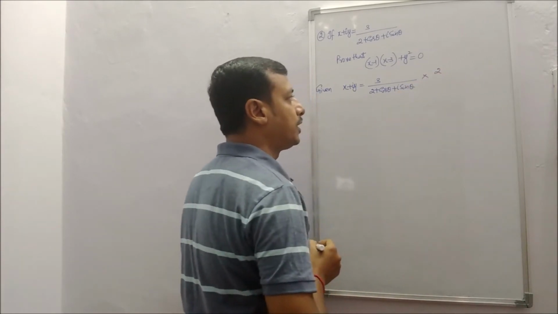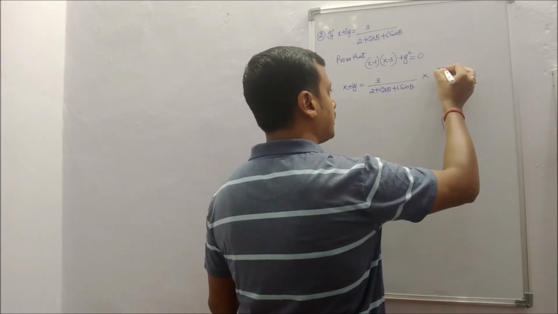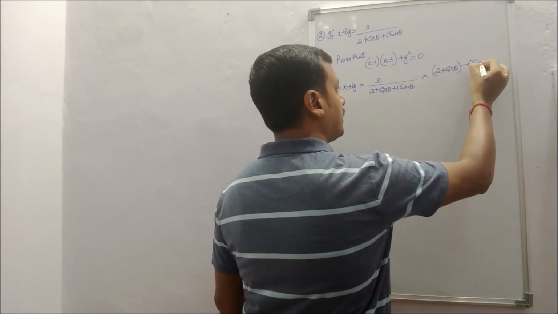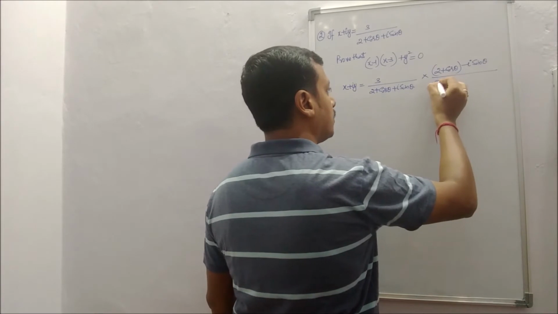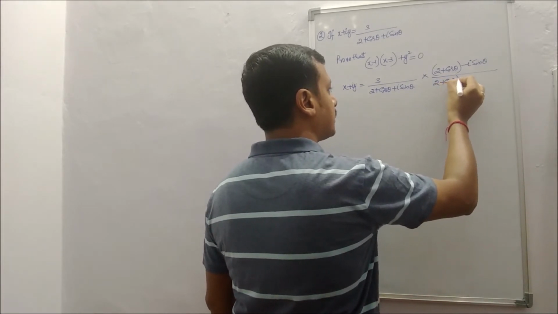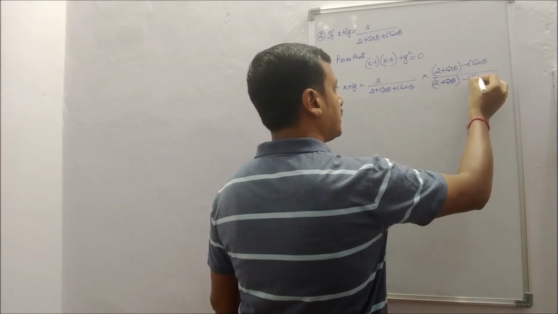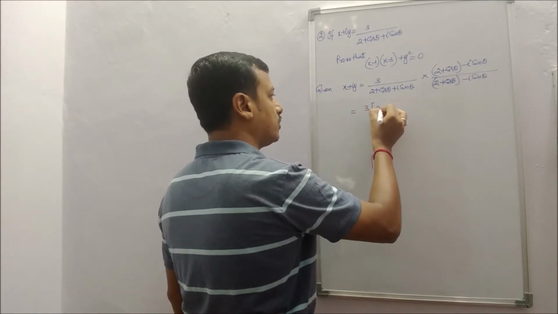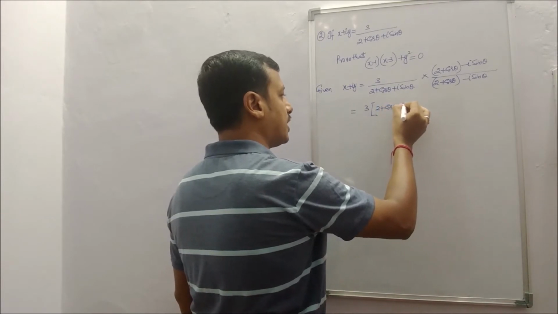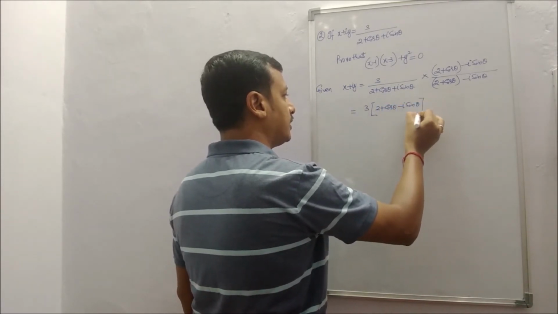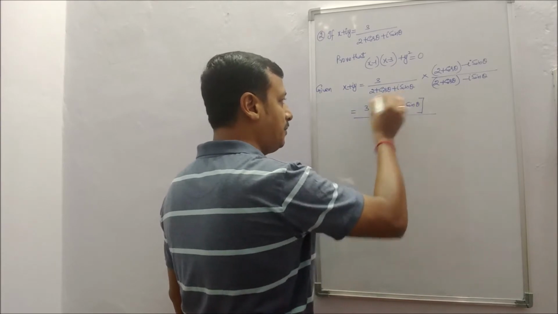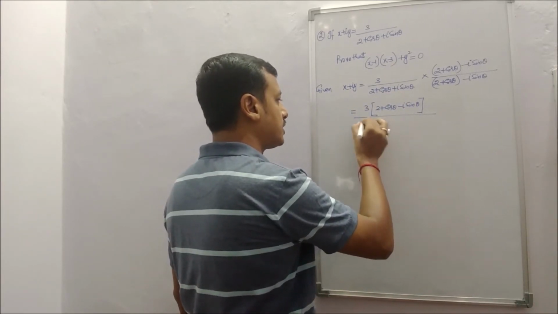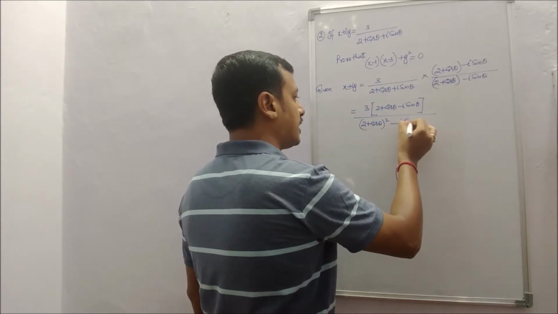multiplying numerator and denominator, that is rationalizing the above term, by 2 plus cos theta minus i sin theta. So that will be equal to 3 times (2 plus cos theta minus i sin theta) divided by (a plus b)(a minus b), which is a square minus b square, that is (2 plus cos theta) square minus (i sin theta) square.